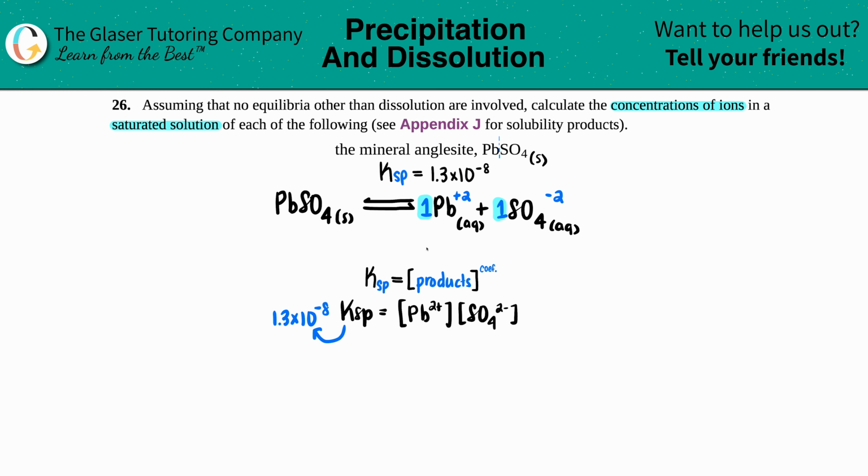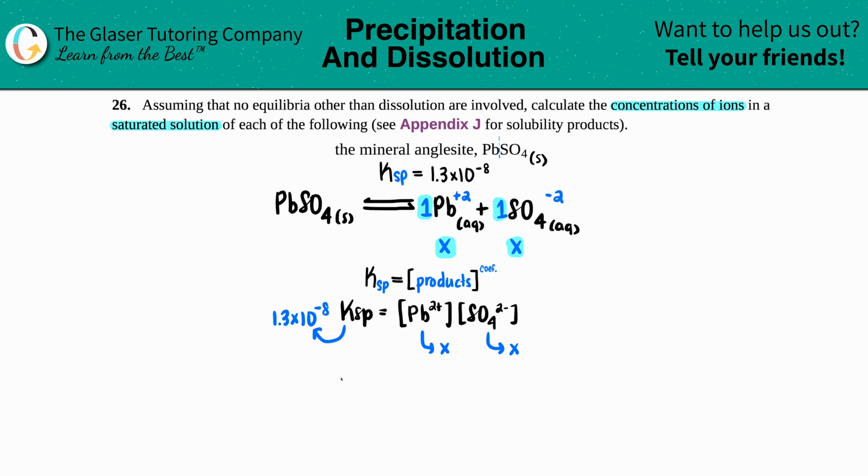So we label it as a variable, x, and flow with its coefficient. Technically this would be 1x, but 1 times x is just x. The same thing here. These are now your variables for the Pb2+ and the SO4 2-. So this would be x, and this would be x.